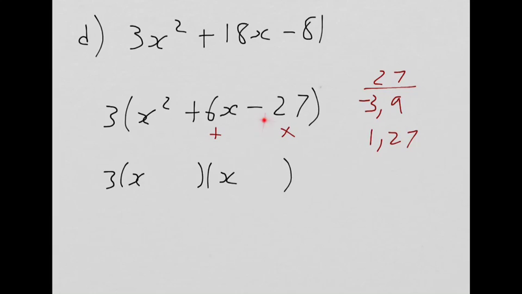That gives me negative 27, right? Negative times positive is negative. With me? And then if I go negative 3 plus 9, or vice versa, 9 minus 3, that gives me 6, just like I want. Okay, so those are my factors. I've got plus 9 minus 3.